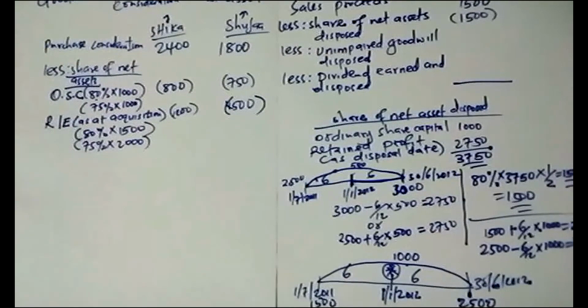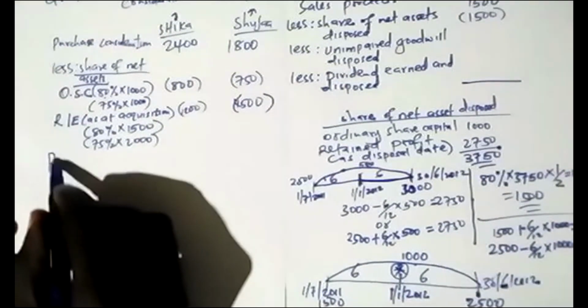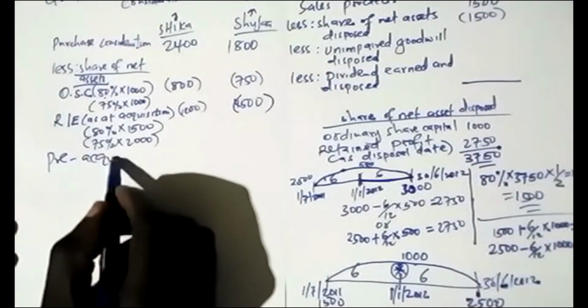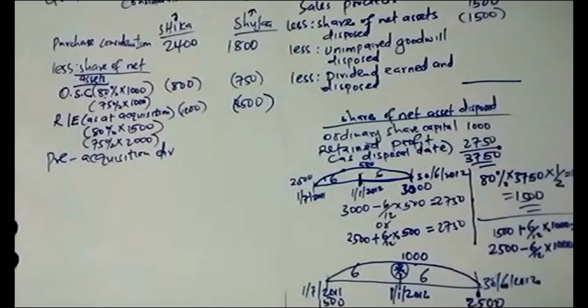Then another thing I have to consider is pre-acquisition dividends. For these pre-acquisition dividends to be applicable, the investee company must have been acquired during the year. Shika was acquired several years ago, so this one can never have pre-acquisition dividends.